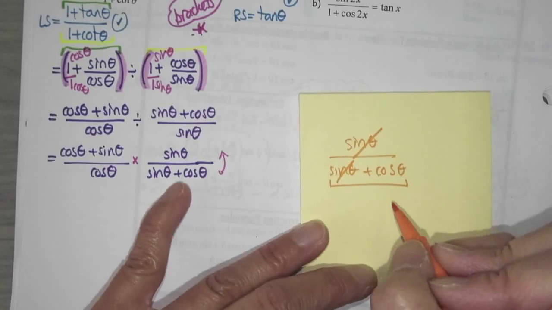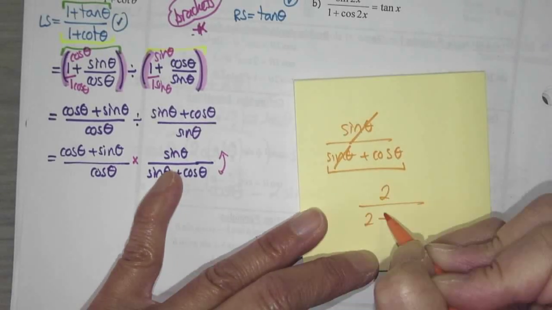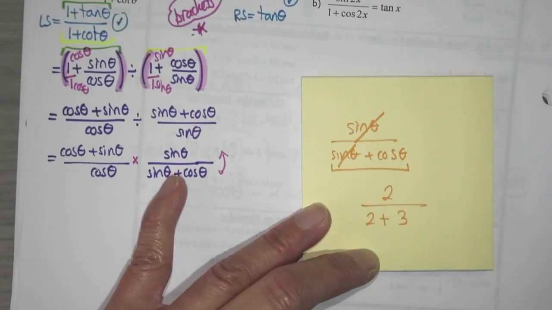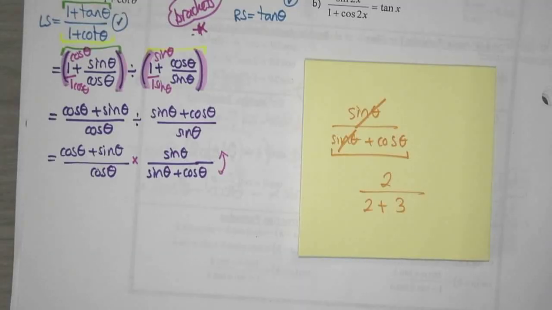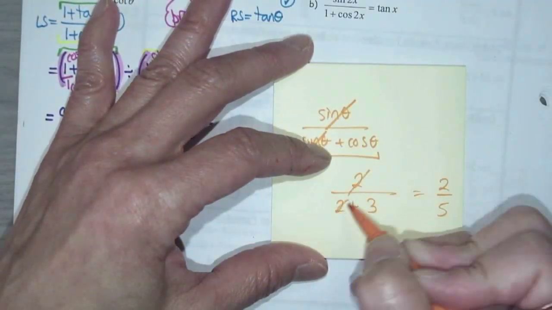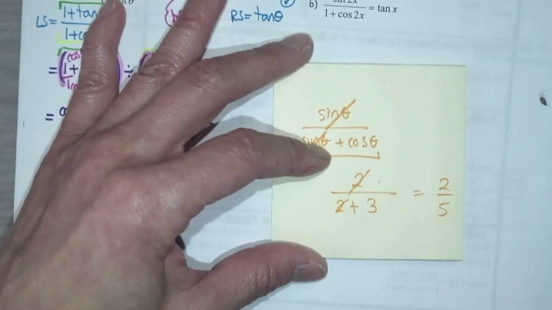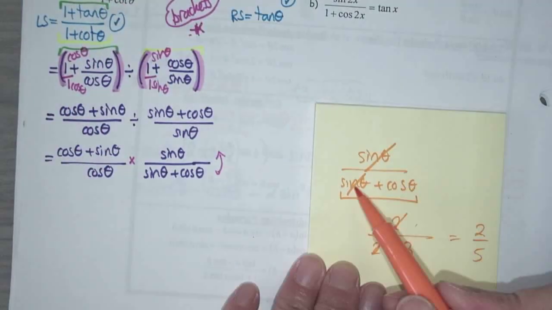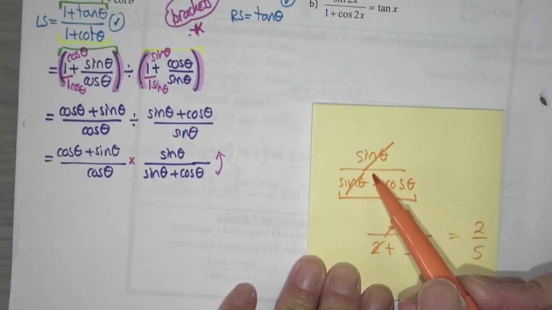It's the whole thing. So that's like saying if I had 2 over 2 plus 3, can I cancel the 2's? No, that makes 0 sense to you, right? When you put a number in, you go, why would I cancel the 2? This is supposed to be 2 over 5. I don't cancel it and make it 1 over 3. That makes 0 sense. It's the same thing with the variable. You cannot cancel it.